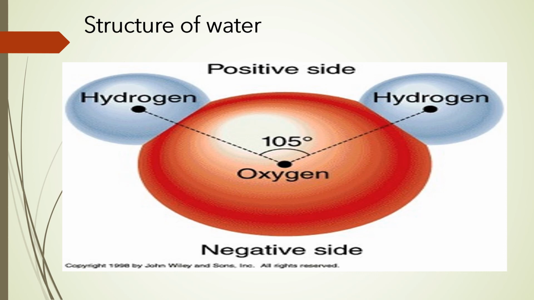Okay, two hydrogen atoms and an oxygen atom on the negative side. So this is the structure of water, H2O. H represents hydrogen and 2 represents the number of atoms present in the hydrogen, and O represents oxygen and its number of atoms.